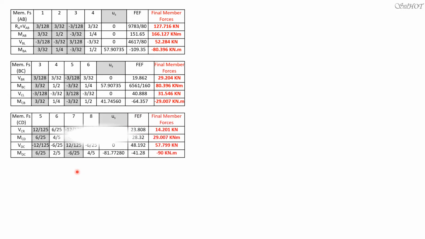And finally, for member CD, stiffnesses, then only columns 6 and 8 are values because we only have U6 and U8. And I hope you know already how to compute that. And this checks our result for moment BC, which is negative 90. Now, let's incorporate DE, because we want also to compute the displacement at E.